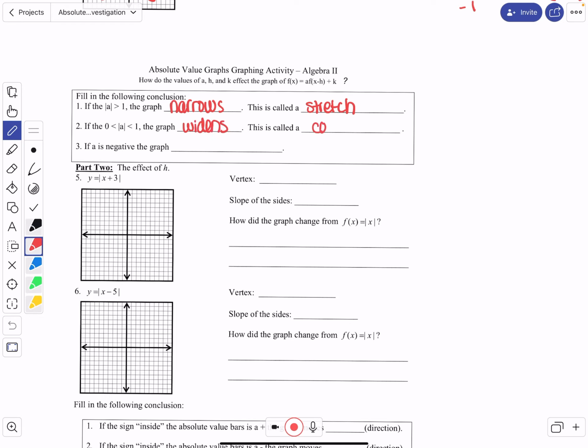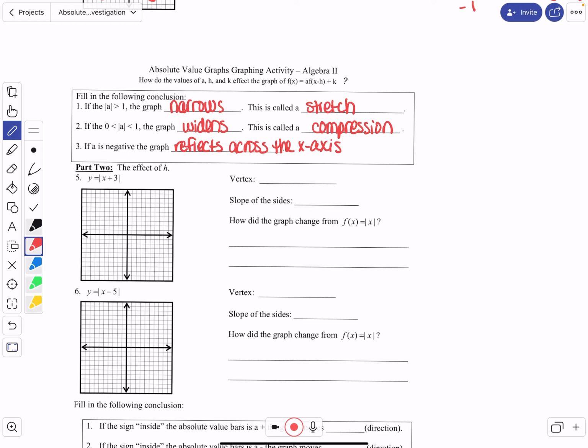And this is actually called a compression. And if a is negative, so if you got a negative out front, the graph reflects across the x-axis.